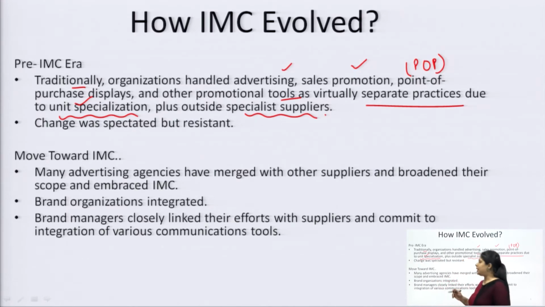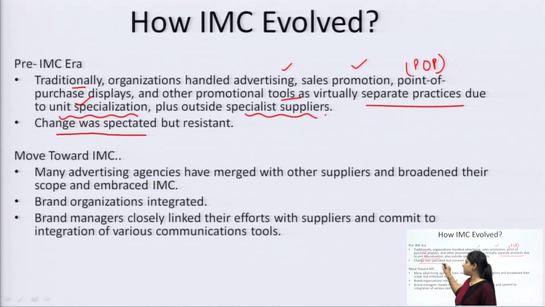But yes, there were some drawbacks, like duplication of work. The same process had to be done for advertising, the same brainstorming was done for direct marketing, the same mental process was there for digital or internet marketing. The duplication increased the cost, and the message was somehow getting distorted or some confusion was created.